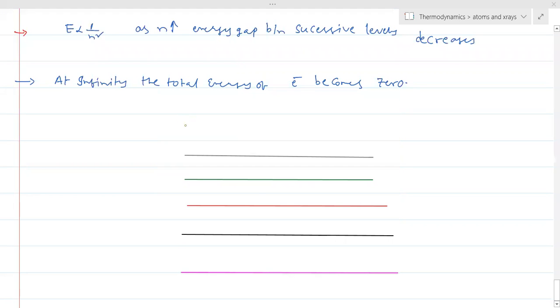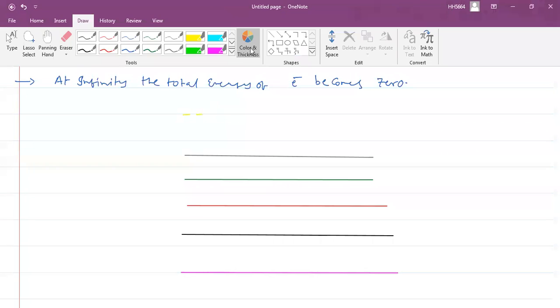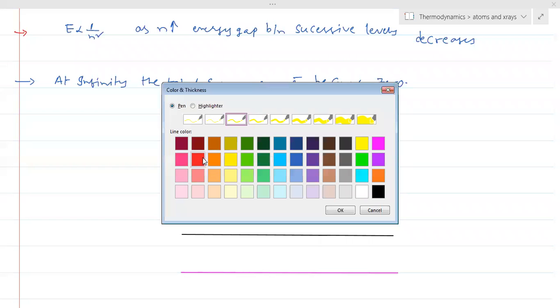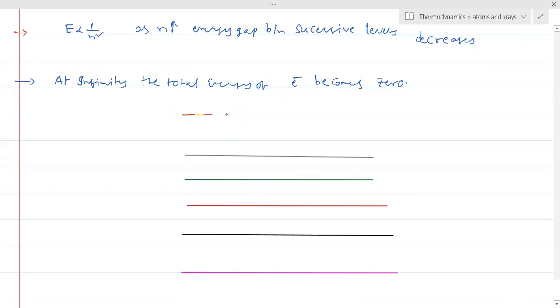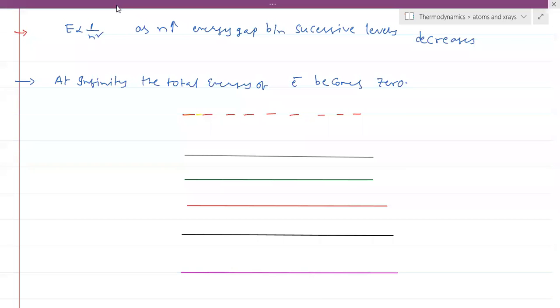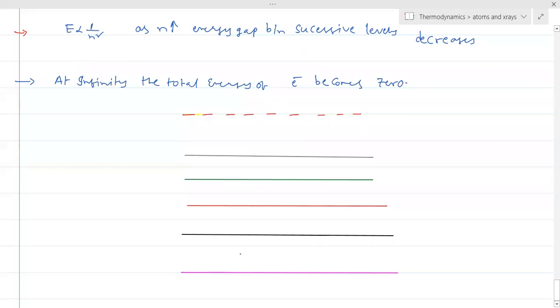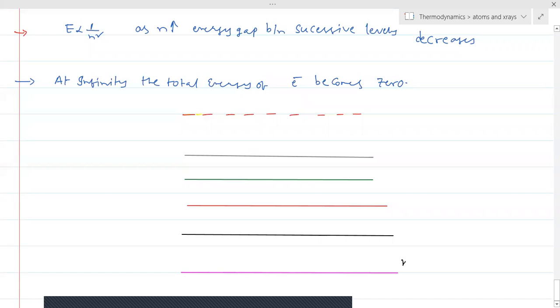And the last one is infinity, the infinity level. So now we are going to see the respective values. We call this n equivalent to 1, the ground state.